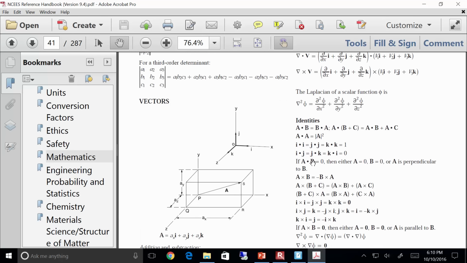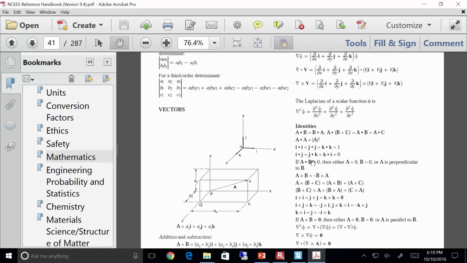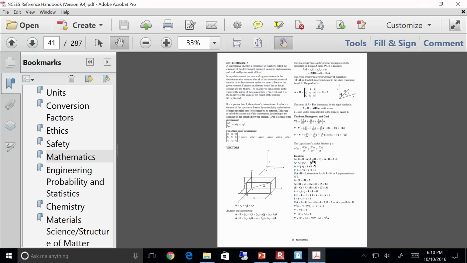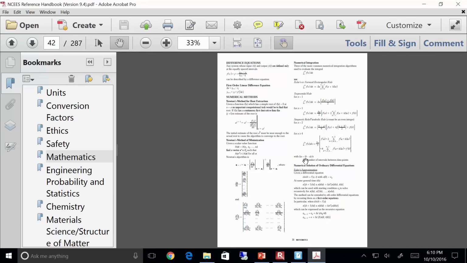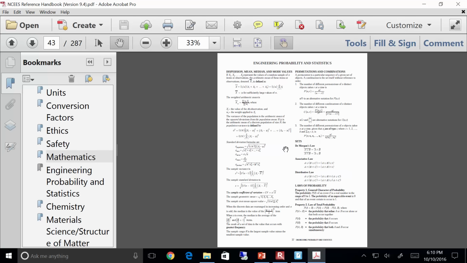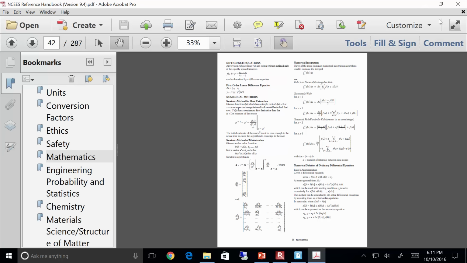I know you all are big fans of that whole IJK stuff and all that. Gradient, divergence, curl, Calc 3 stuff. Numerical methods, probably not on the general math section. And that's basically it. That's the math references that are provided to you for the exam. Does anybody have any questions?